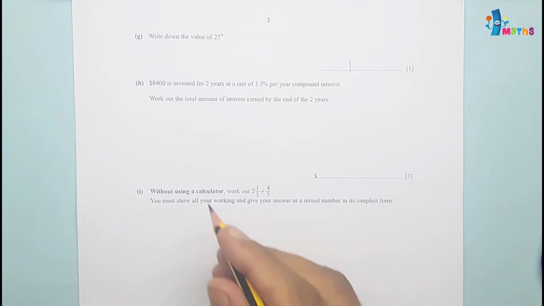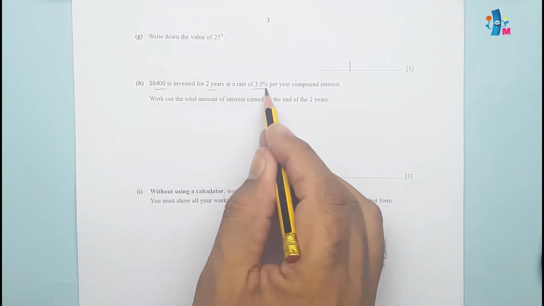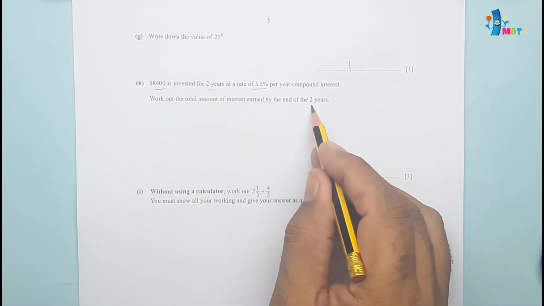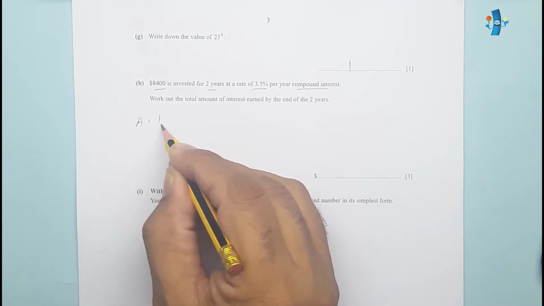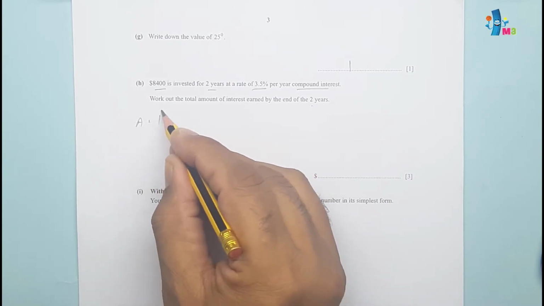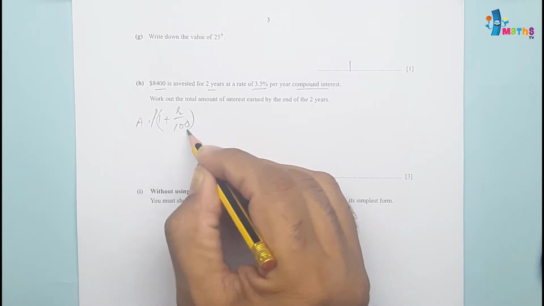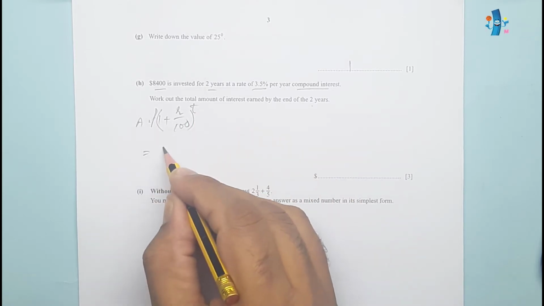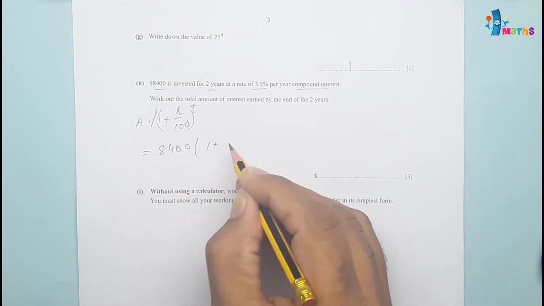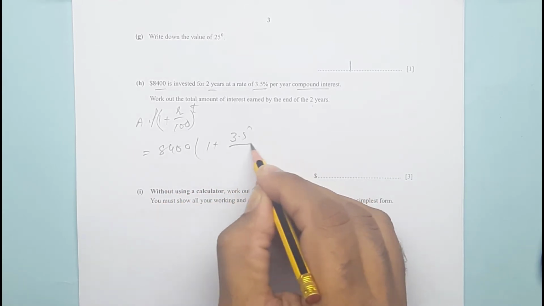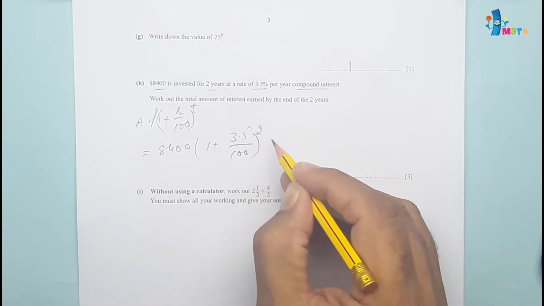Then B part: 8400 is the investment for 2 years. This is the rate and compound interest. So A will be equal to principal amount into 1 plus R over 100, raised to power T. So principal amount is 8400 into 1 plus rate is 3.5 over 100, raised to the power T. Time duration is 2 years.